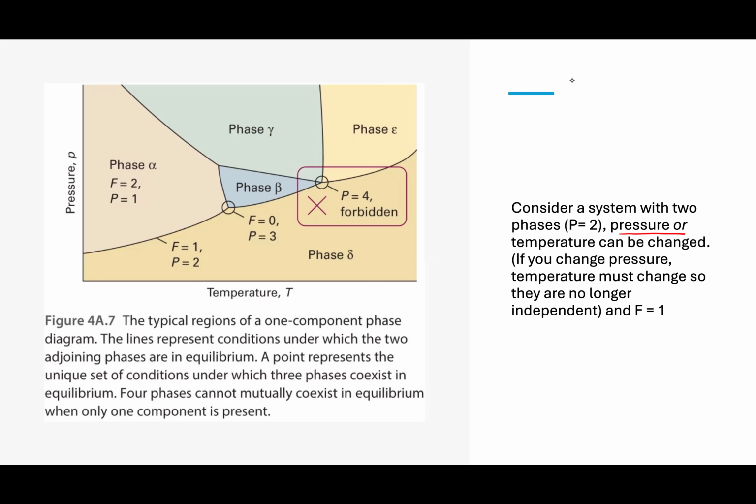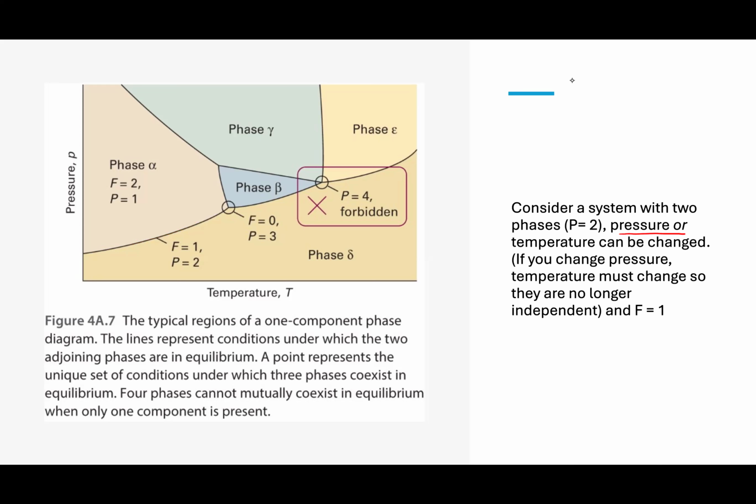Because to stay on this line, if we increase the pressure, the temperature also has to necessarily increase too. If you change the pressure, temperature must change, and so that makes them not independent anymore.